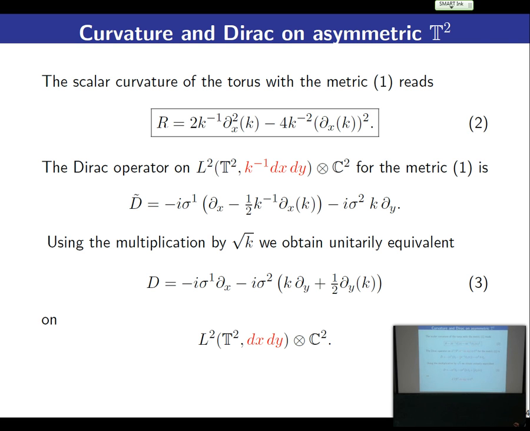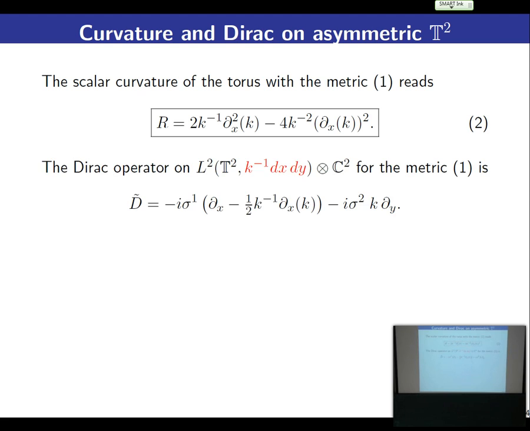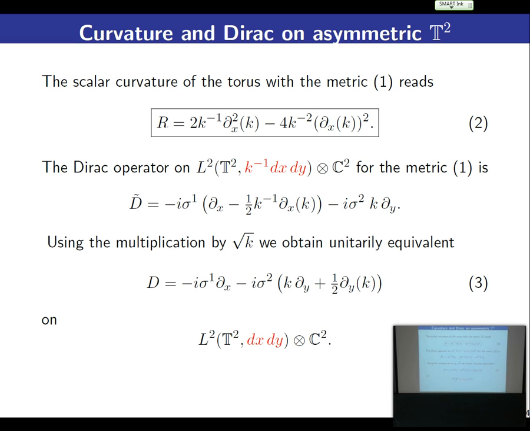On my previous slide this was the picture, but now this is x and y dependent. I'm interested in the general situation, a function which depends on two arguments. So for any k, it acts on the same Hilbert space, with the Lebesgue measure coming from the coordinates, and has such a form classically.